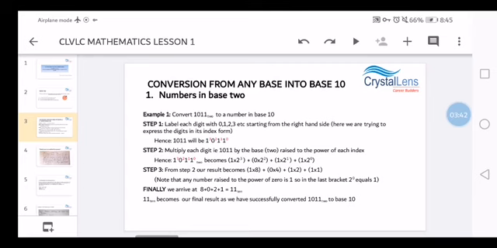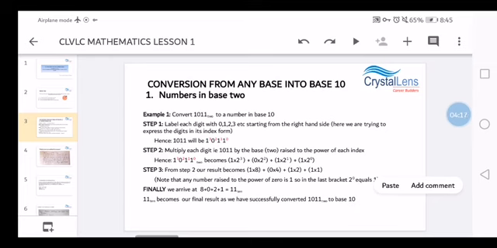So here I have 1, which is the first digit. We're starting from the front now. 1, which is the first digit, times 2, which is the base we are converting from. So that is 1 times 2 raised to the power of that first digit's label, which is 3. So it's going to be 1 times 2 raised to power 3, plus the next bracket is 0, because the next digit is 0, 0 times 2 raised to power 2.